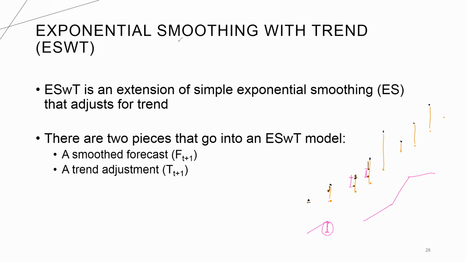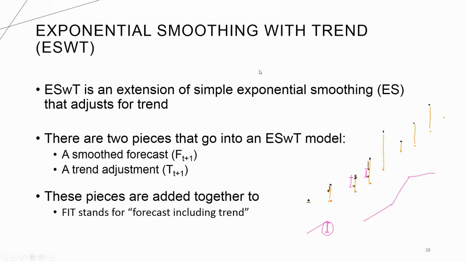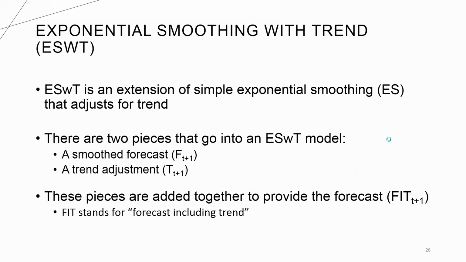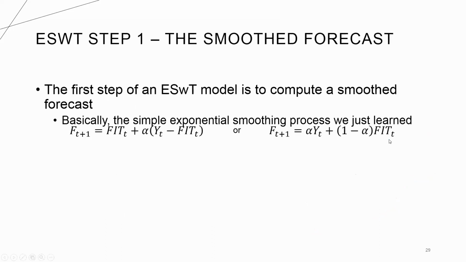So let's get into what that actually looks like. How does this formula work? We're putting together the forecast F, the smooth part, plus the trend adjustment to get the FIT, the forecast including trend. That'll be our actual final prediction. We start by smoothing.